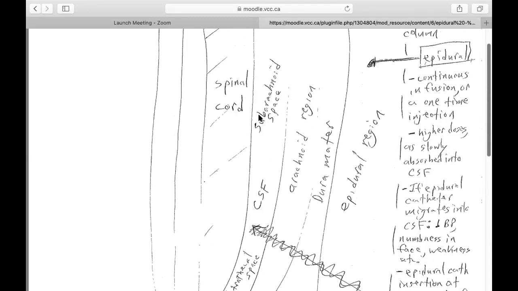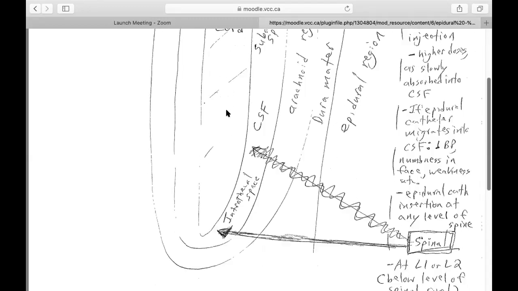So let me state that again in a different way. When someone gets a spinal, they'll typically get it right before surgery. And if you go into the surgical suite, the OR, the operating room, you'll see them being held up or voluntarily sitting up on the edge of the stretcher or the surgical bed.